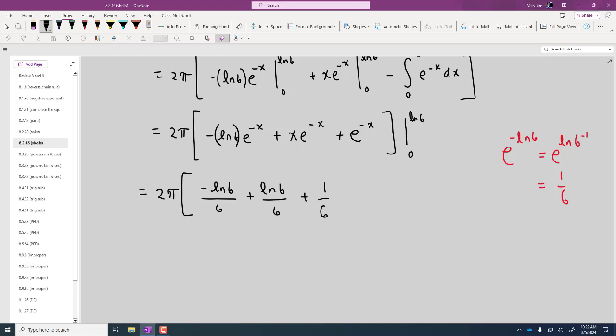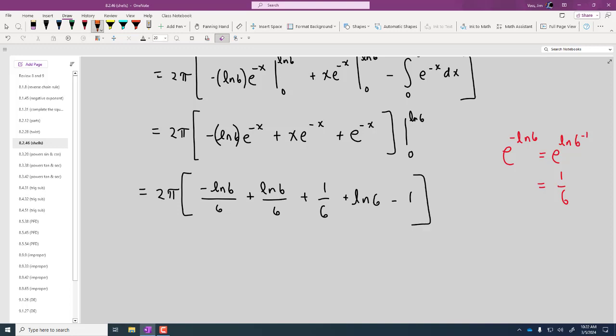Now we plug in the lower limit of integration and we subtract off everything. So in here, e to the 0 is 1, but we're multiplying by 0. And here, e to the 0 is 1. So we're going to have minus natural log of 6 multiplied by -1. We're subtracting off this, and then subtracting off 0, and then subtracting off 1.